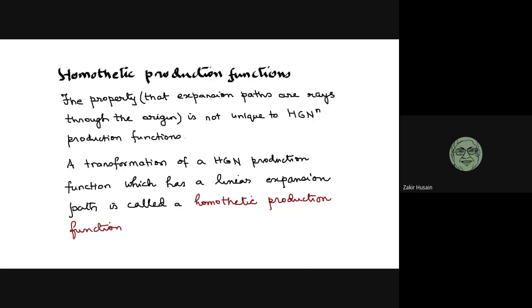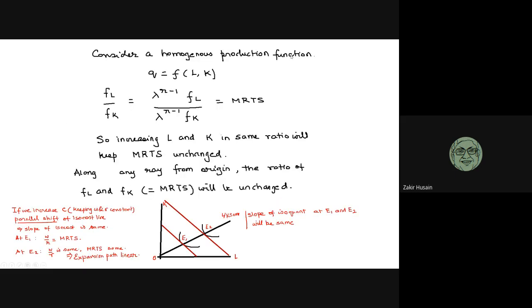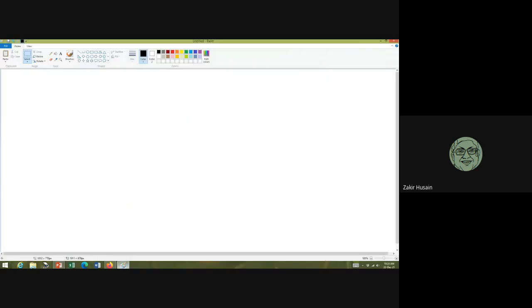Acha. So we see that the expansion path in this case, if you have a homogeneous production function, then not only will the ray, that is, we are keeping the labor capital ratio unchanged. Okay. So what we are doing is we are keeping the labor capital ratio unchanged.